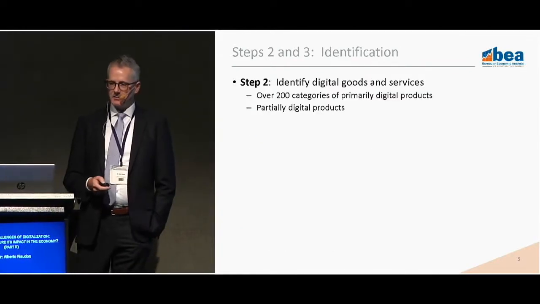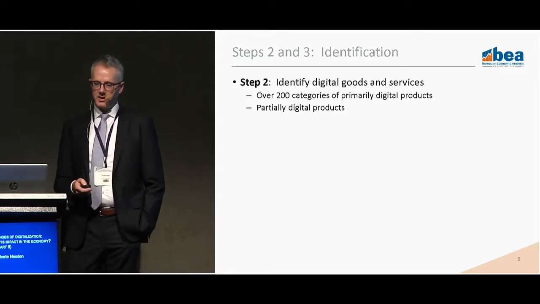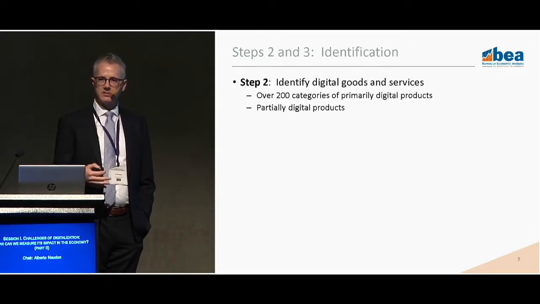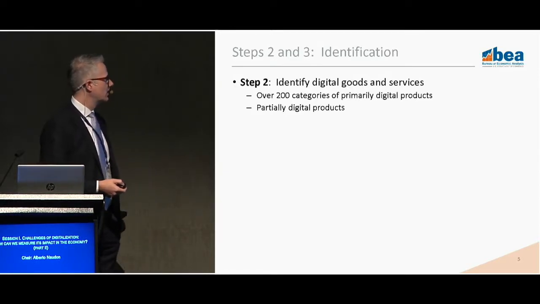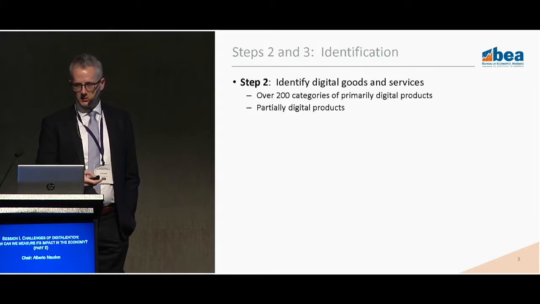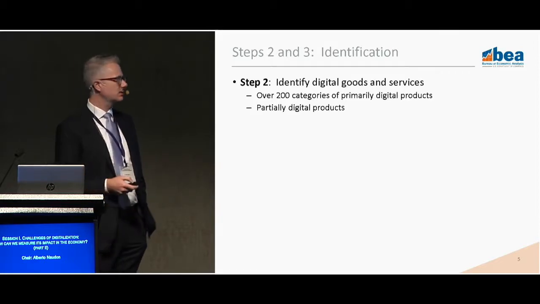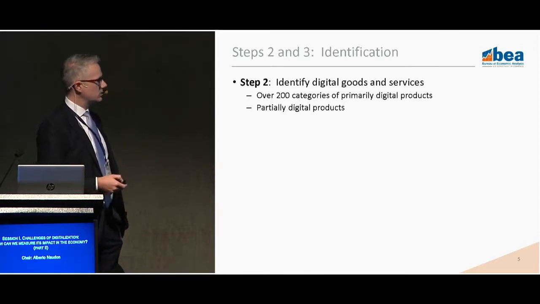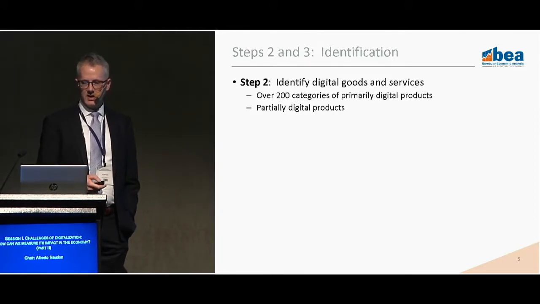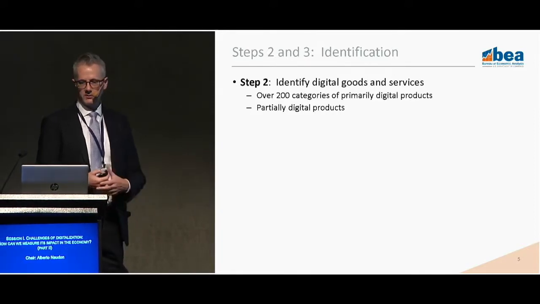For the second step, identifying digital goods and services, we use BEA's official supply-use tables for this exercise. There are approximately 5,000 categories of products that are included in the underlying detail of our tables. And we initially identified just over 200 categories as primarily digital products.